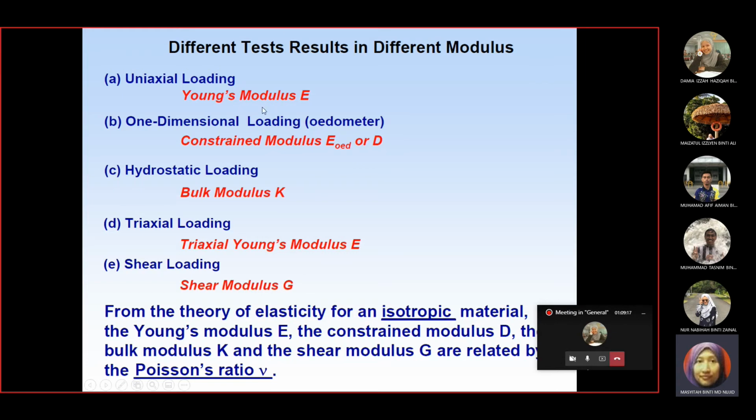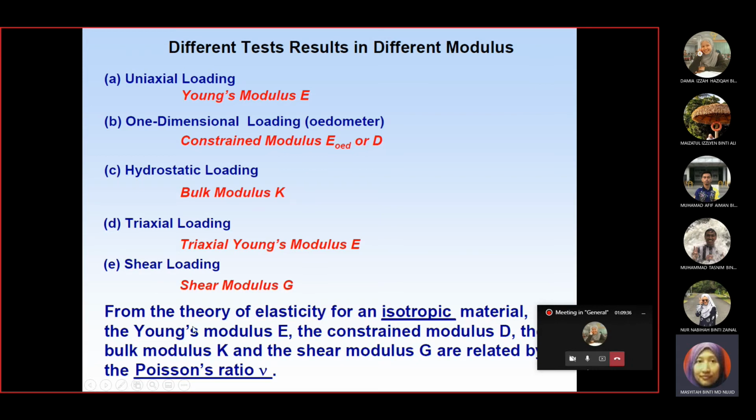Contoh kalau you ada uniaxial loading, kita ada modulus E, and then if you have one-dimensional loading, we can have E odometer. Hydrostatic loading, this produces to you the modulus K. Triaxial is E and shear loading is G.